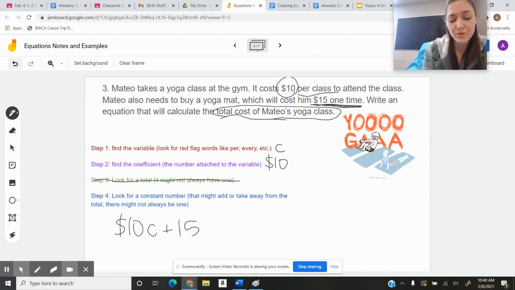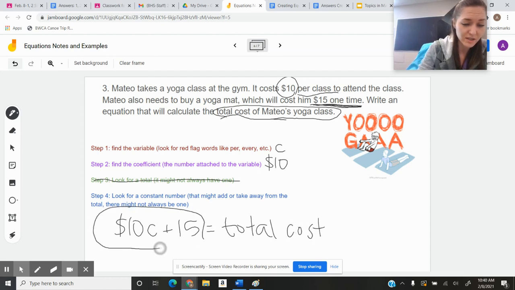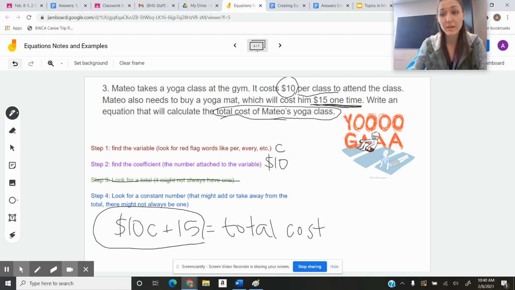Because if he took 4 classes, we would take 10 times the number of classes he took, 4, and then we would just add 15 onto that to account for that one-time purchase of a $15 yoga mat. All right, and that would equal his total cost for taking that yoga class. So your answer for number 3 is just 10C plus 15.